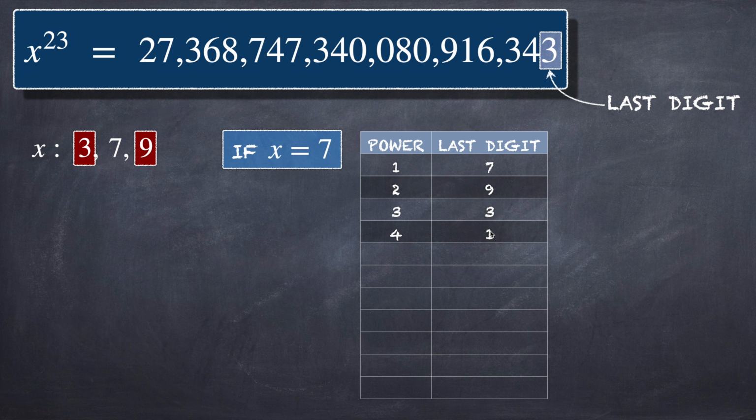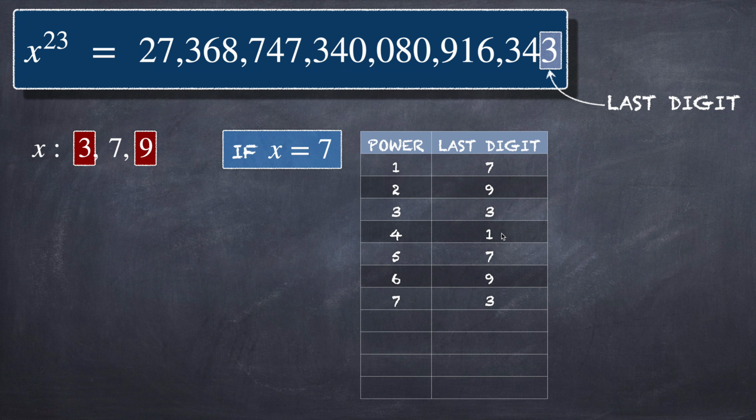The next one, 7 to the power of 4, the last digit will be 1 because 7 times 3 is 21. The next one will be 7, obviously, and so on. 7 to the power of 6 will have 9 as the last digit. And the next one will be 3.